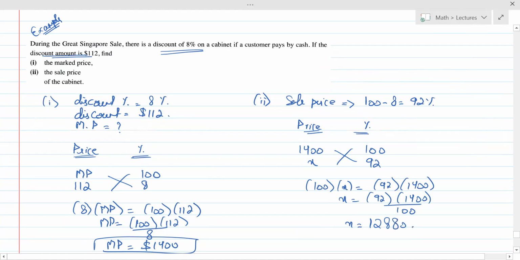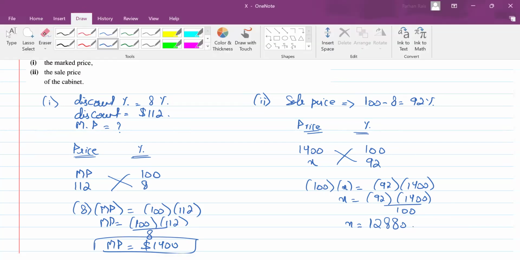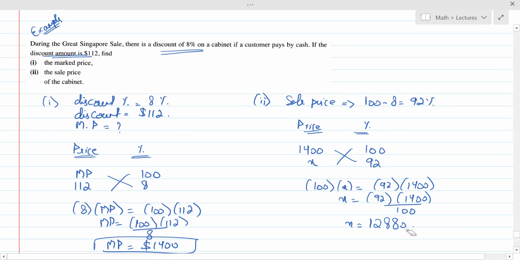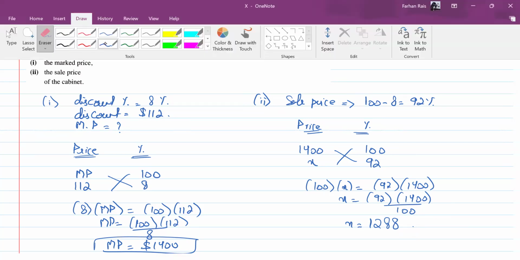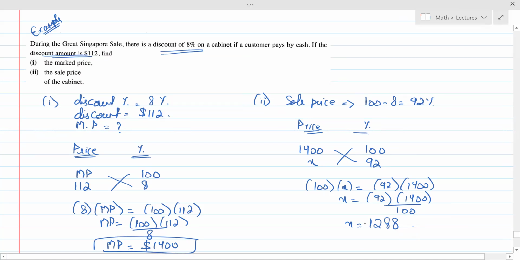I think I have made some mistake here. It's 1288, sorry. No zeros here. So $1288 is the sale price for us.